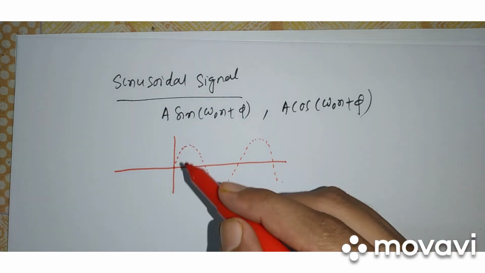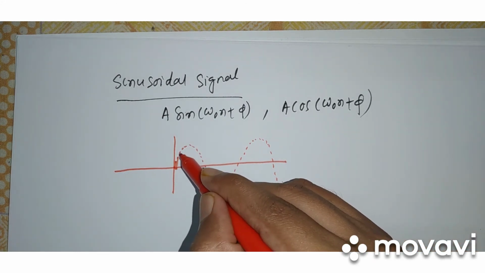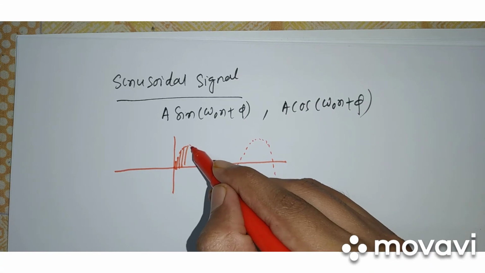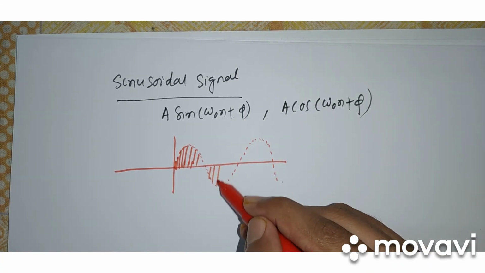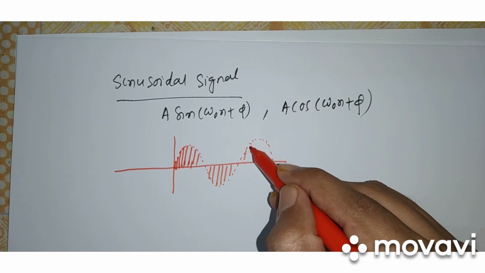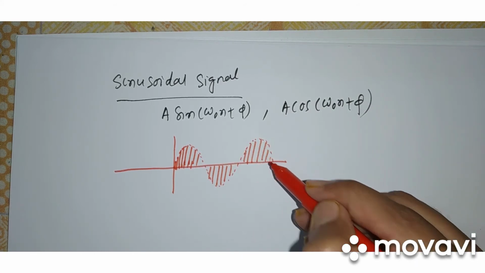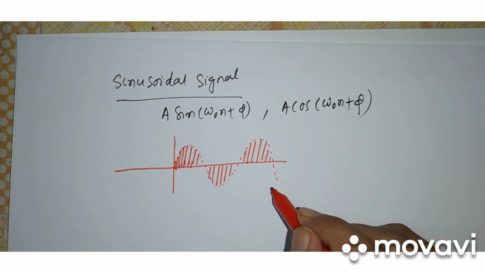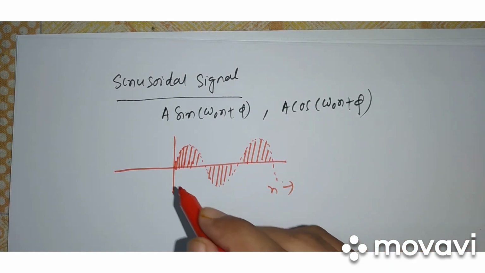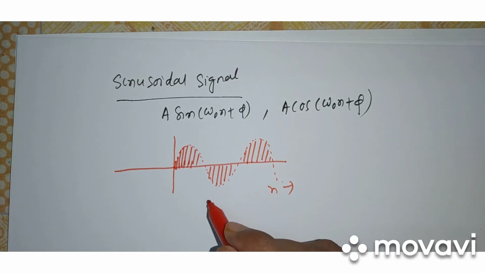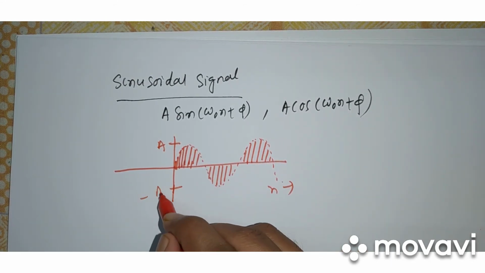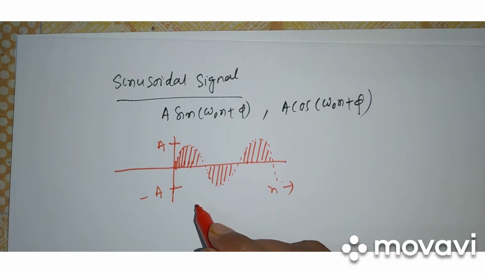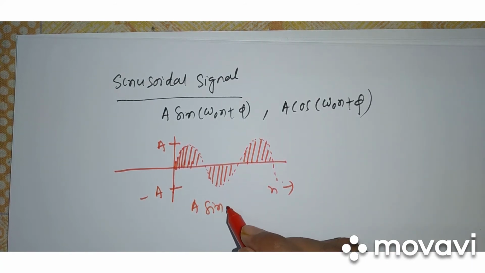Why given dots? Because it is not continuous, it is discrete, yes or not? That's why I gave dots. In case of continuous, you will get a continuous plot, but here I am giving dots because it is a discrete domain. This is n, this is A, this is minus A, and this is your A sine of omega 0 n.